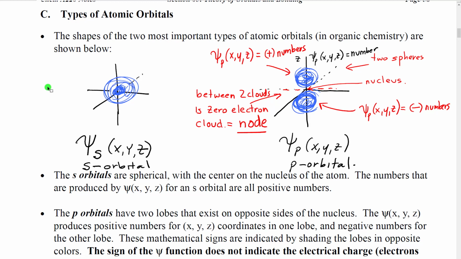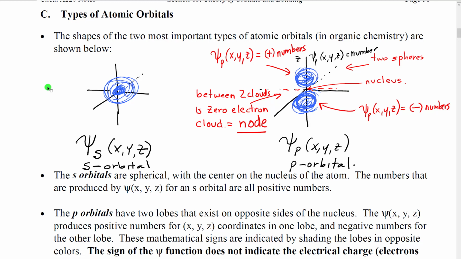Now there's many different types of atomic orbitals, and I'm sure that in general chemistry you heard about them. There's s orbitals, p orbitals, d orbitals, of which there's 5 different shaped examples, and f orbitals. Really, every atom has all of those orbitals.